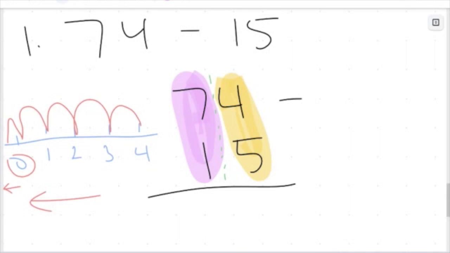Because if I added 10 to the 4, I can do 14 minus 5, and that'll give me a regular number. I have 70 up here, right? This 7 represents a 7 in the tens column. So I have 70 there.